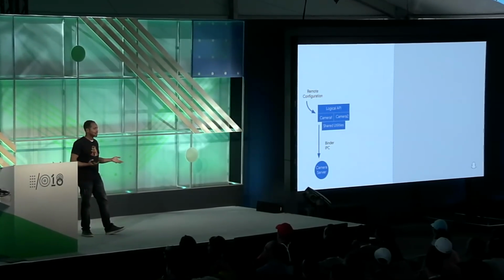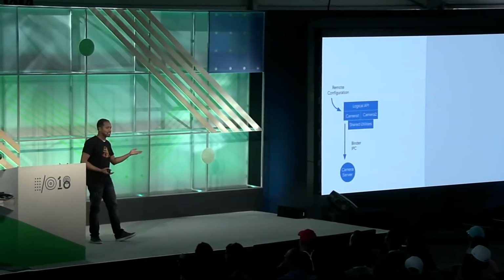Now, let's build up this architecture. So I've talked a bit about the camera interaction, the code that talks to the camera server, which is the Android system process that manages the camera. And it talks through binder IPC, which is a form of inter-process communication. But if you expose this to your applications, it's a little too raw because you might have a video chat feature, a camera, and video note.